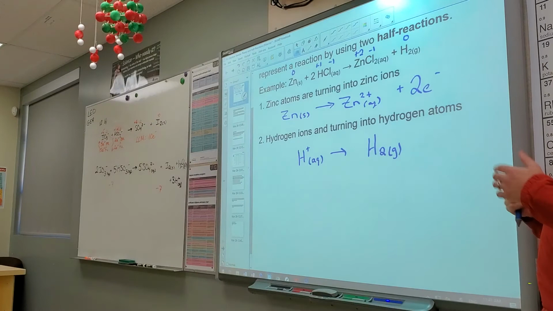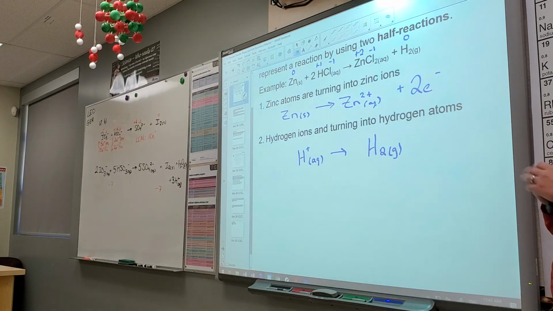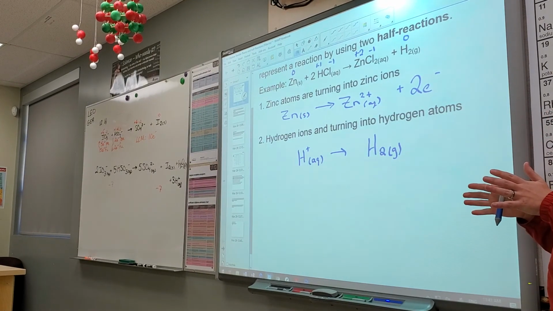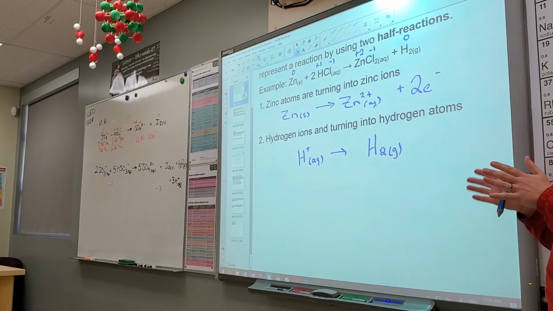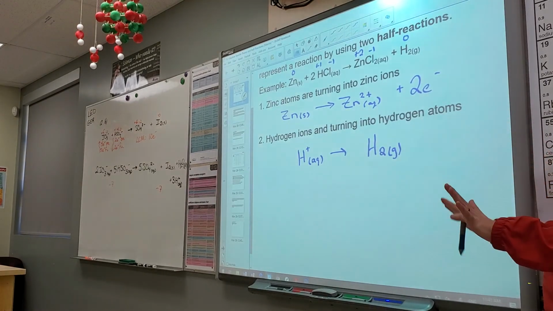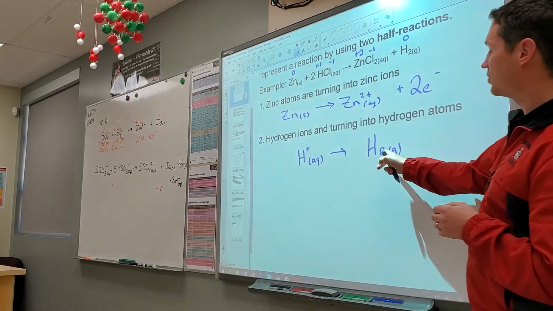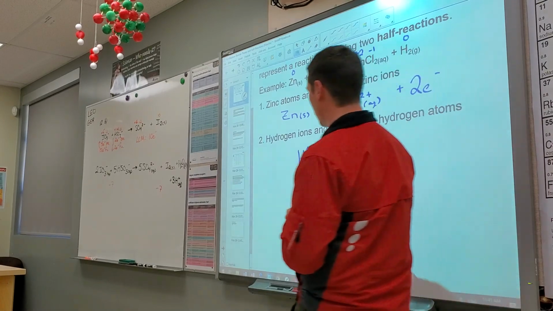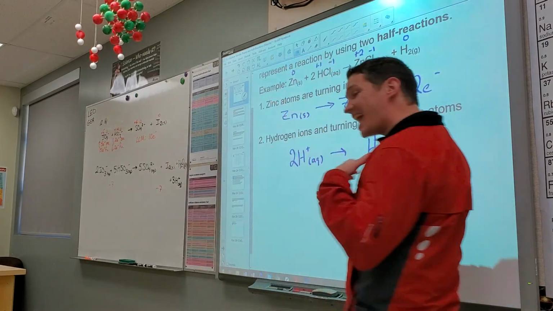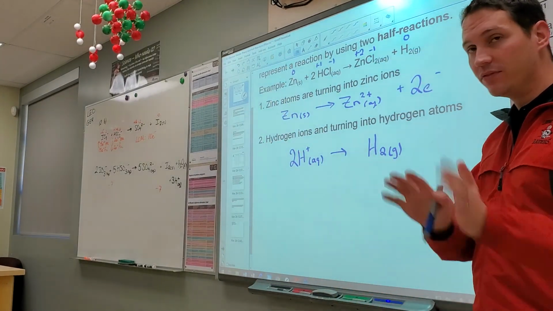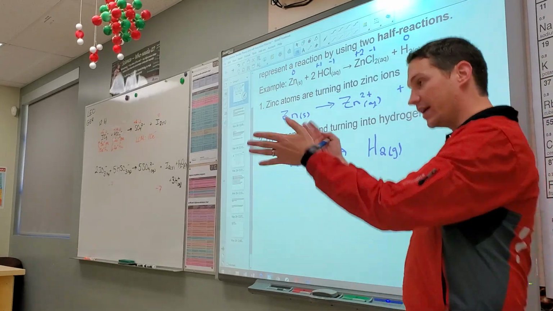So let's balance this. There's a couple glaring problems with this. There's not one problem, there's 2 problems. Joe, what's one of the problems? Mass. The conservation of mass is not being followed right now. Correct. So if I have 2 hydrogens, what do I need on the other side? 2 hydrogens.